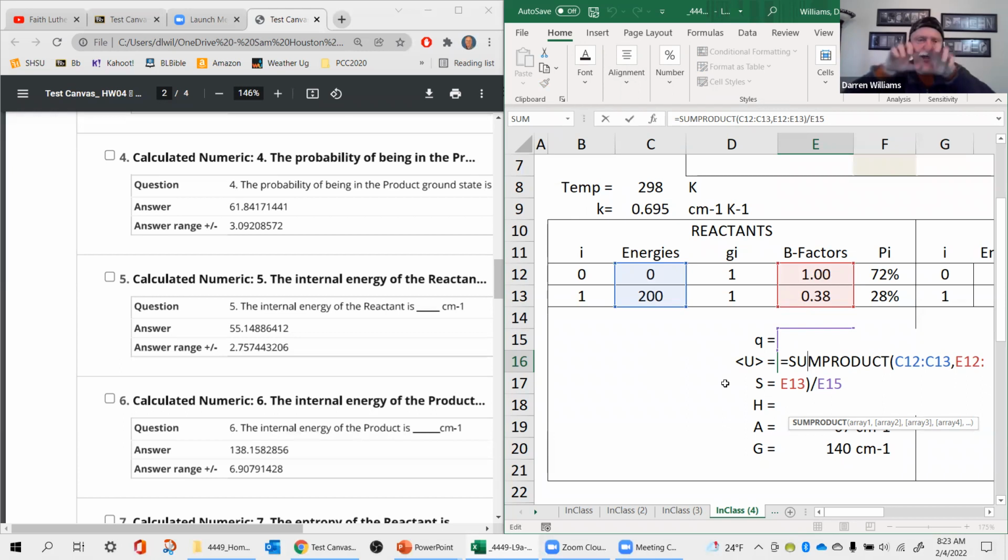So if you look at that equation, it's a sum of all of those pieces, but the partition function's in the denominator of all of them. So I can do a sum product, which is the energy times the Boltzmann factor piece, and then add all of those up and divide by Q at the end. That's what I'm doing here.